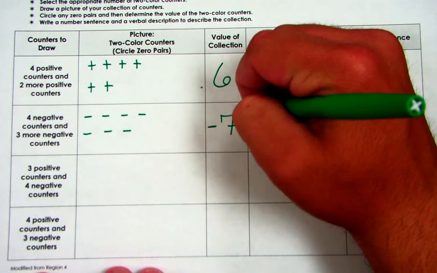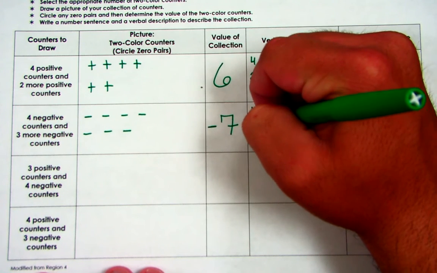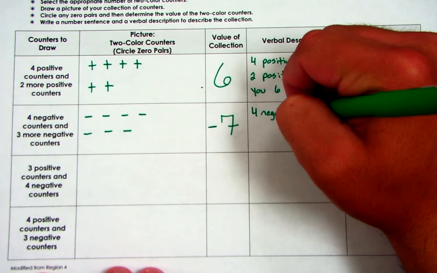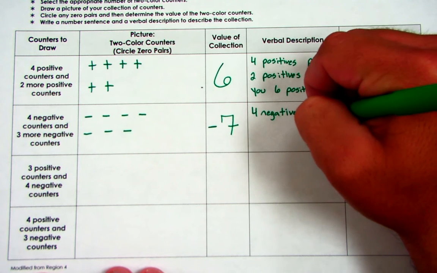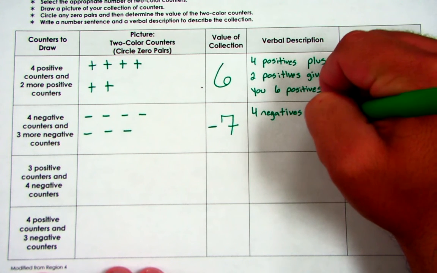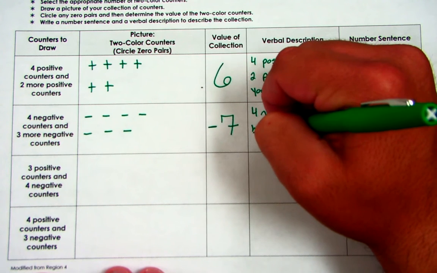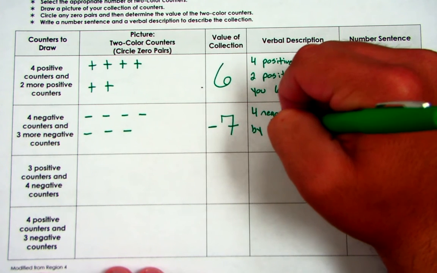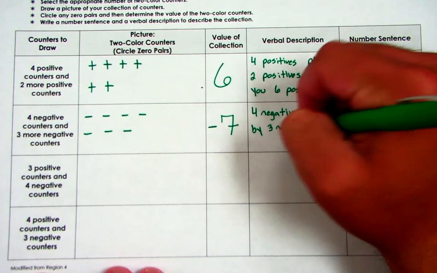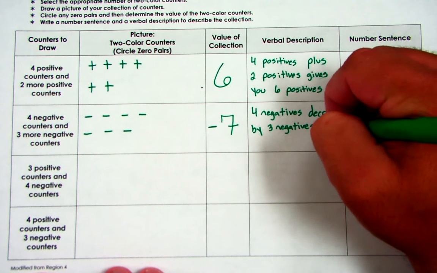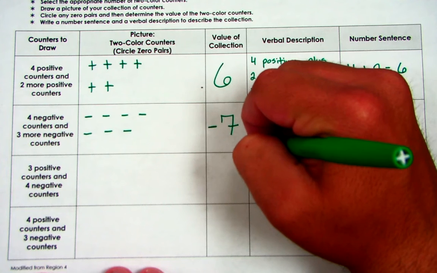Mathematically, 4 negatives decreased by 3 negatives gives you 7 negatives.